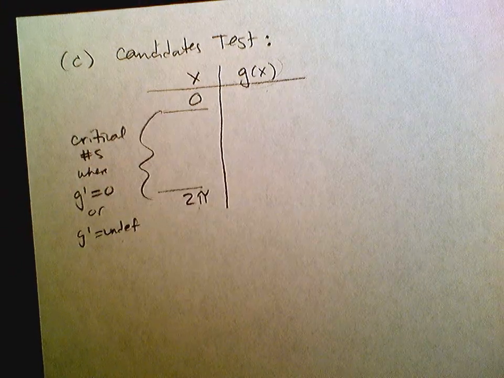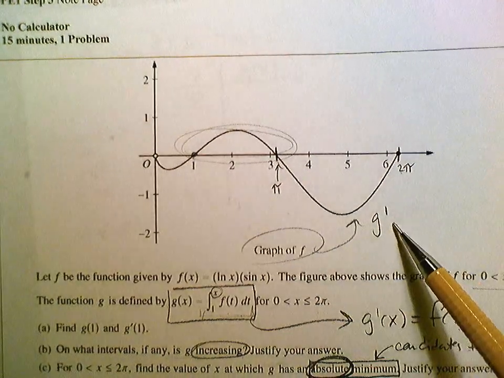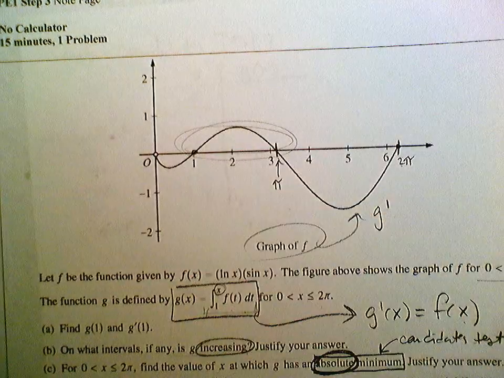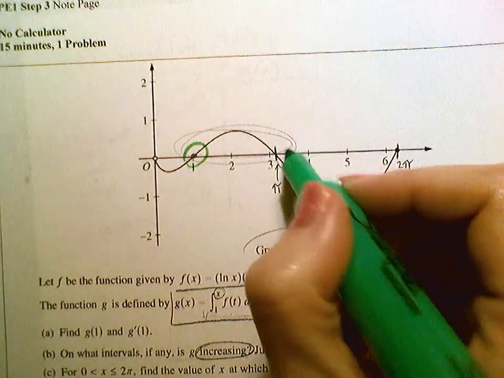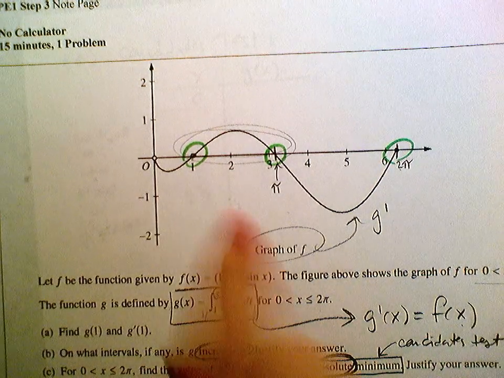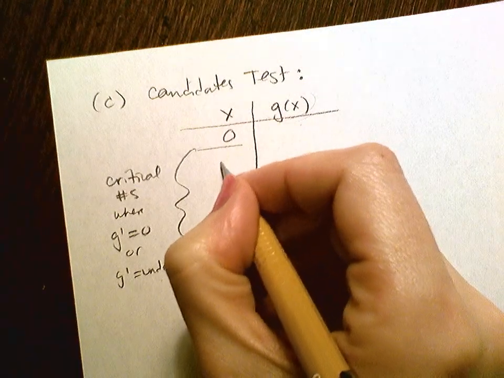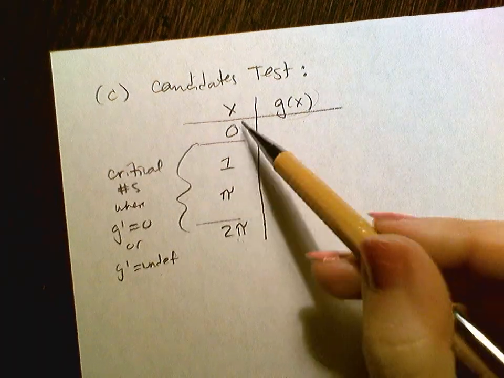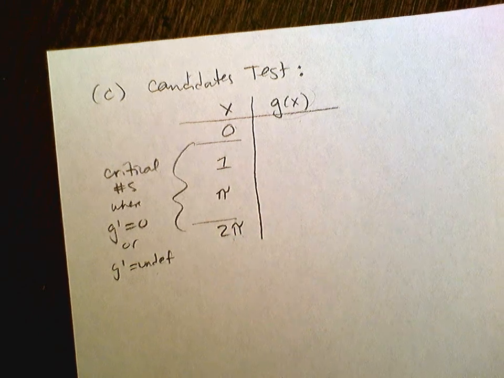Okay, so g prime is 0, or g prime is this graph here. So where is it 0? It's 0 at 1. It's never undefined. It's 0 at pi, and it's 0 at 2 pi. Oh, so it's really just those two. So 1 and pi. All right, so here go the endpoints, and then between them, we put the critical numbers.